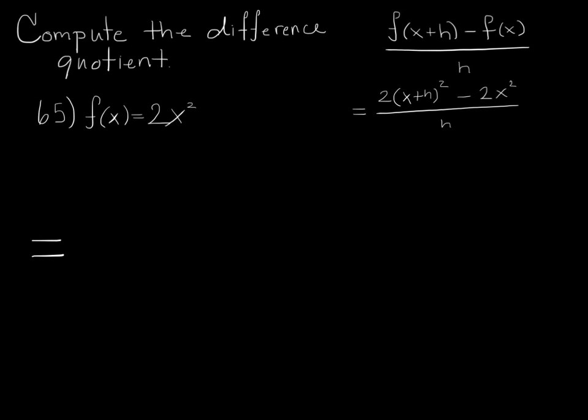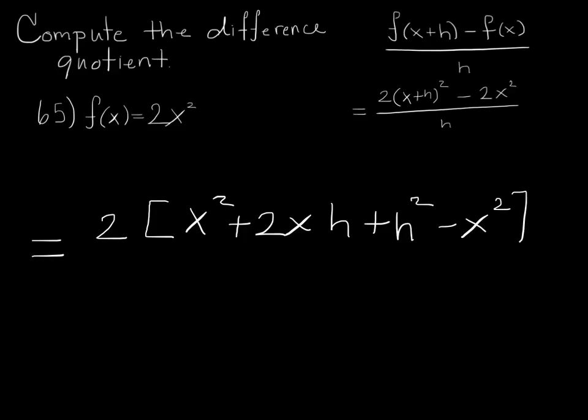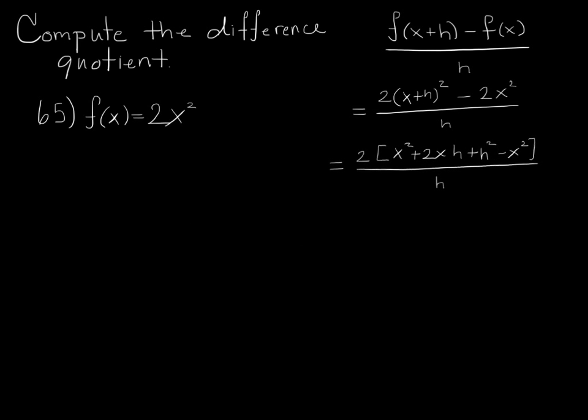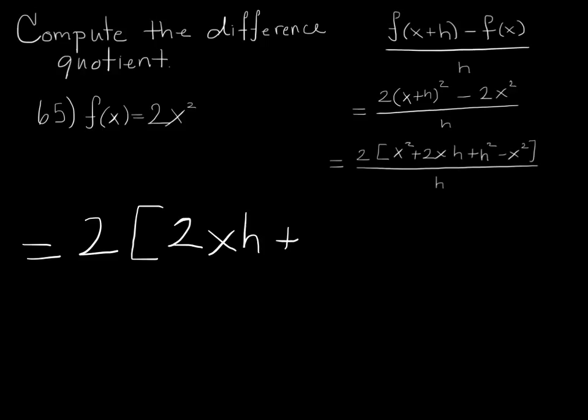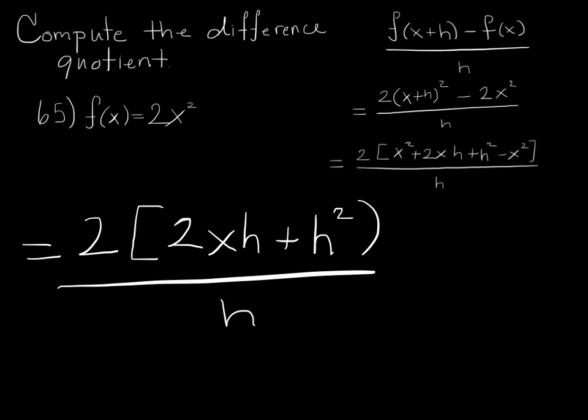I'm going to factor out the 2, and I'll have x squared plus 2xh plus h squared minus x squared all over h. And continuing the simplification, I have x squared minus x squared, so those will go away. I'll be left with 2xh plus h squared all over h.